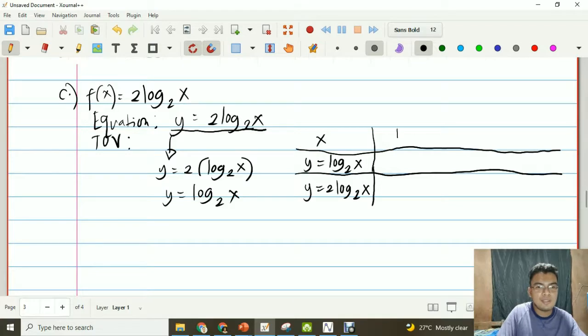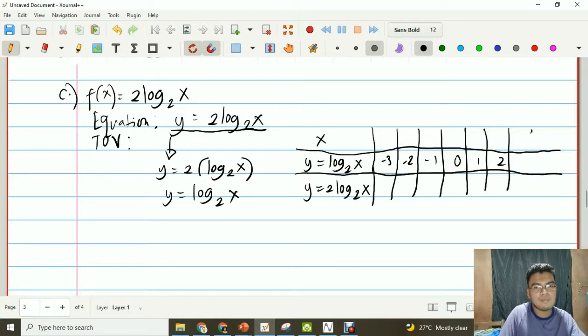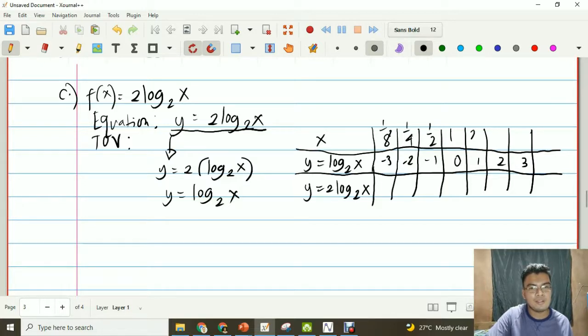So, this will be negative 3, negative 2, negative 1, then 0, 1, 2, and 3. Kanina, doon sa item A, nakuha na natin yung mga values ni x. We have 1 all over 8, 1 all over 4, 1 all over 2, and then 1, and then 2, 4, and 8.